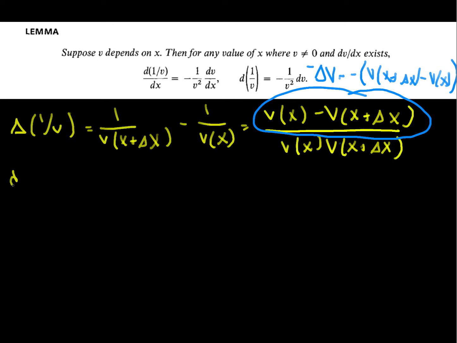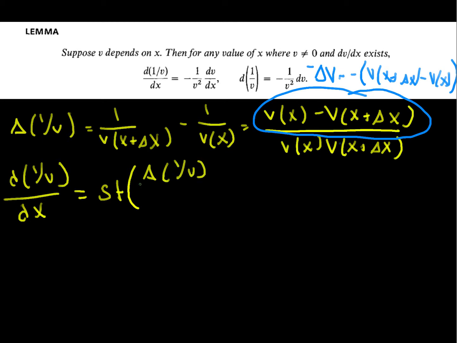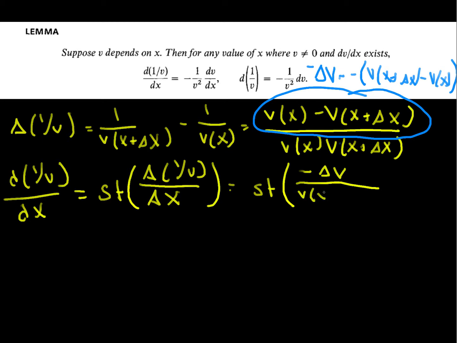So the derivative of 1 over v with respect to x, always going back to first definitions, is the standard part of the change of 1 over v with respect to the change in x, which is the standard part of negative delta v all over v of x plus delta x, all of that, of course, divided by delta x.